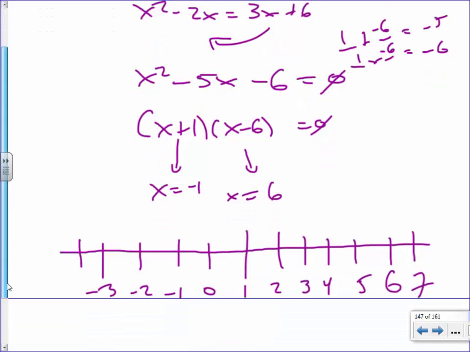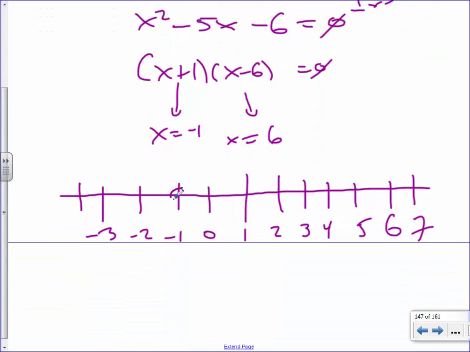So I'm going to draw an open circle on negative 1 and on 6. Well, there's a couple possibilities. What could happen is there could be answers over here. There could be answers in between here. And there could be answers over here. And our goal then is to test and figure out in all of these sections where answers could possibly be.